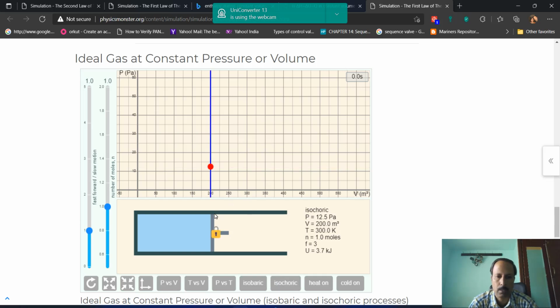There is a lock symbol here indicating that the piston is locked in place and cannot move. That means the volume cannot change, and the graph now became vertical, indicating that it is a constant volume process. Now start heating. Heat this cylinder once again up to approximately 5 seconds.